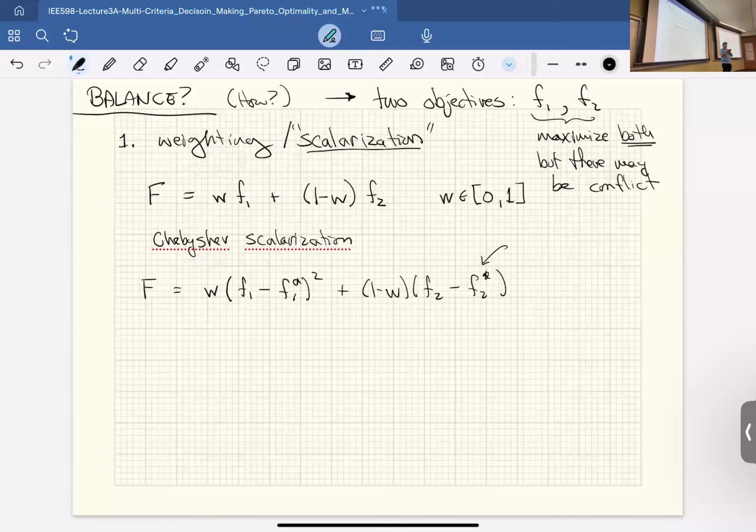And here, F1 star is the best solution with only this objective.